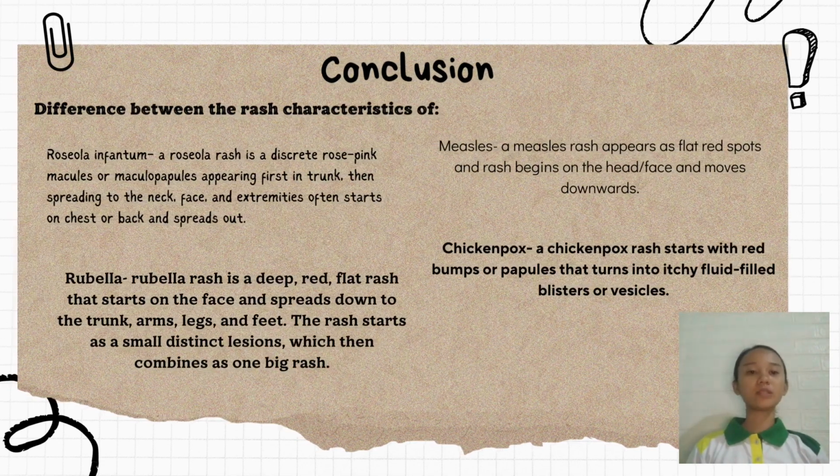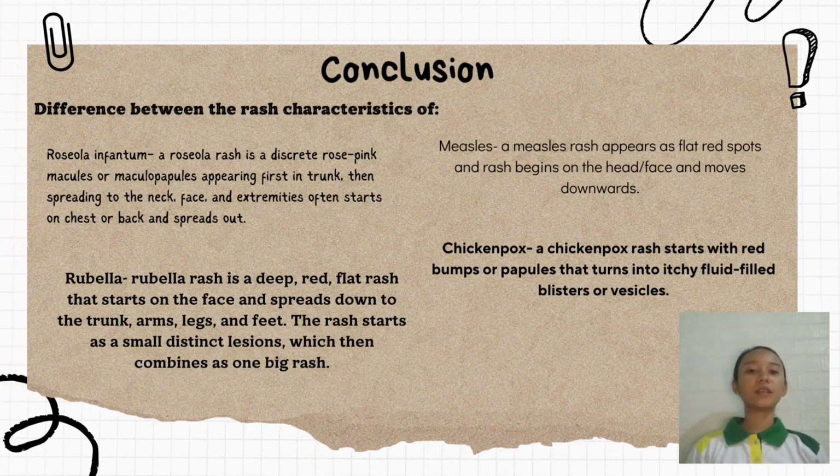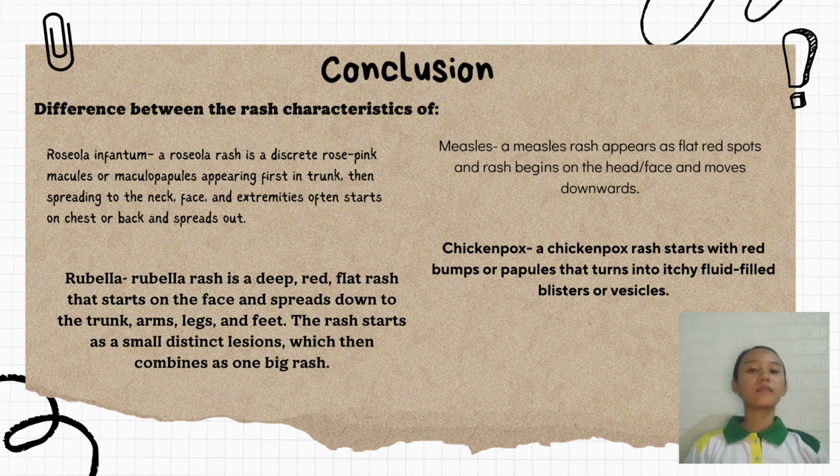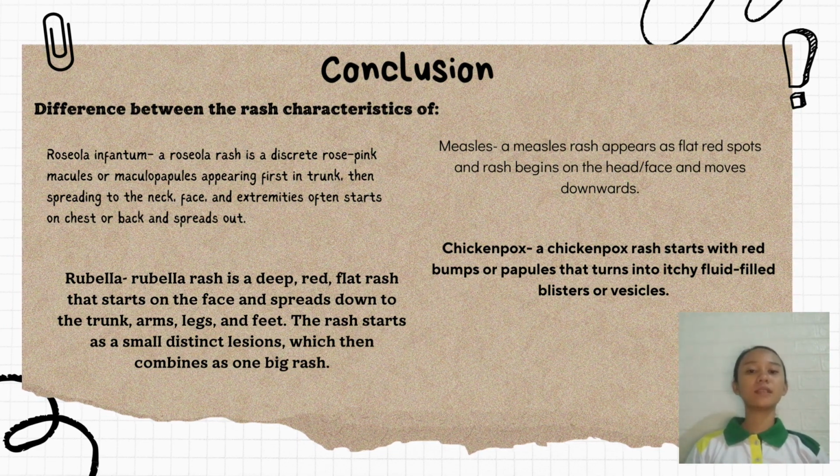To sum up the whole report, we have here the conclusion. It is for us to differentiate roseola infantum, measles, rubella, and chickenpox. So we have the difference between the rash characteristics of these diseases.